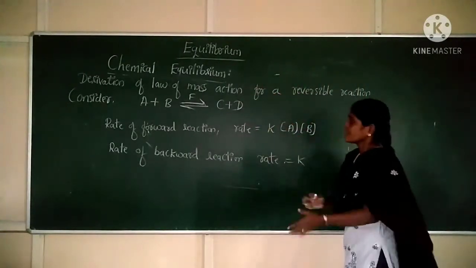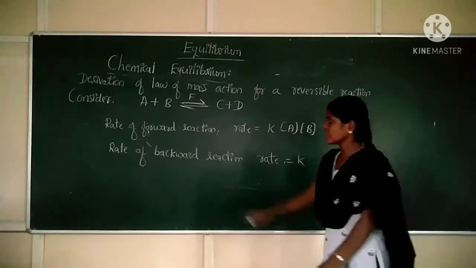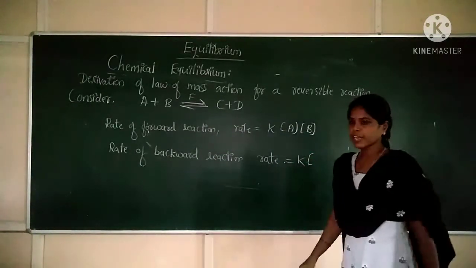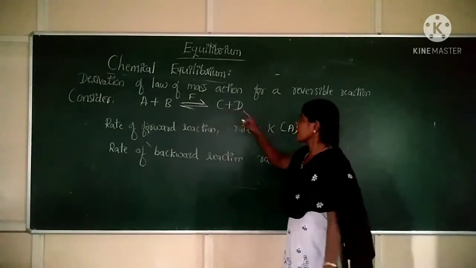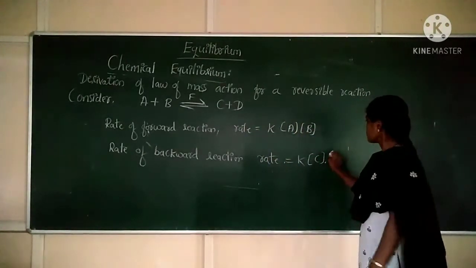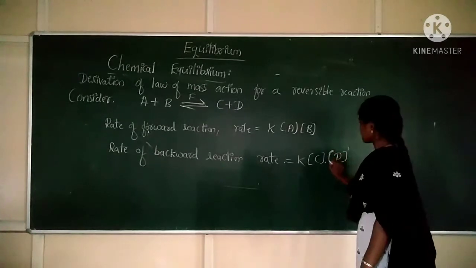Now, for the backward reaction, the rate can be written as rate equals K into the concentration of the reactants, the concentration of C into the concentration of D.